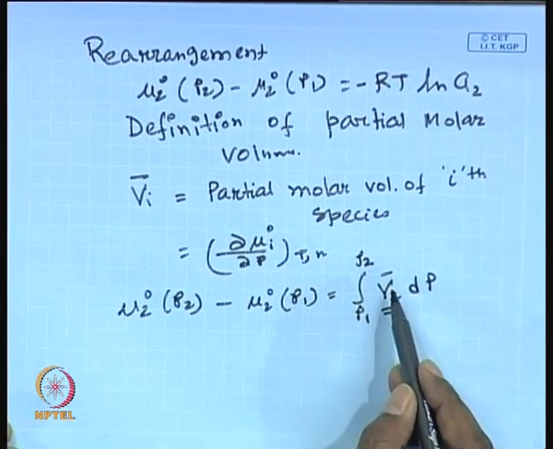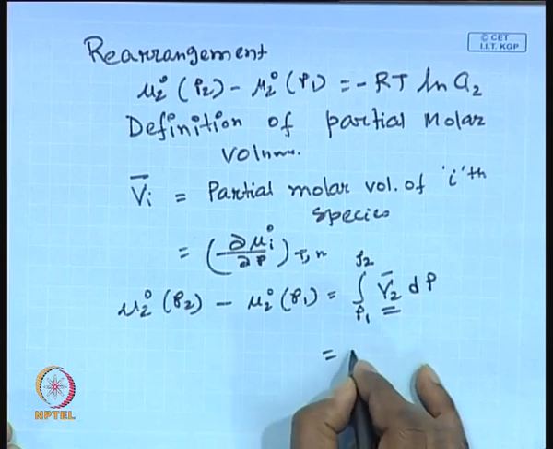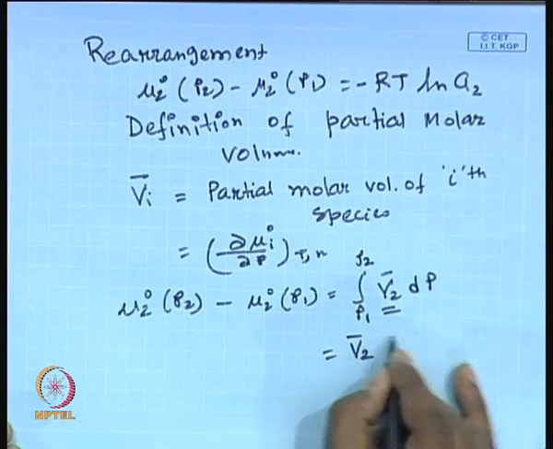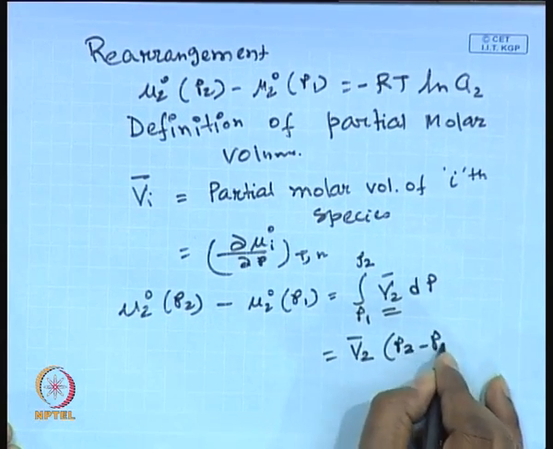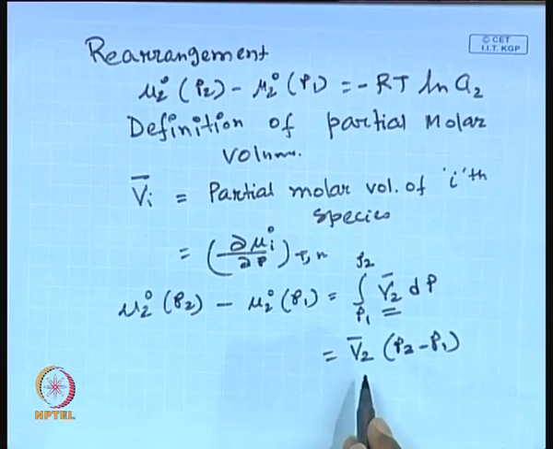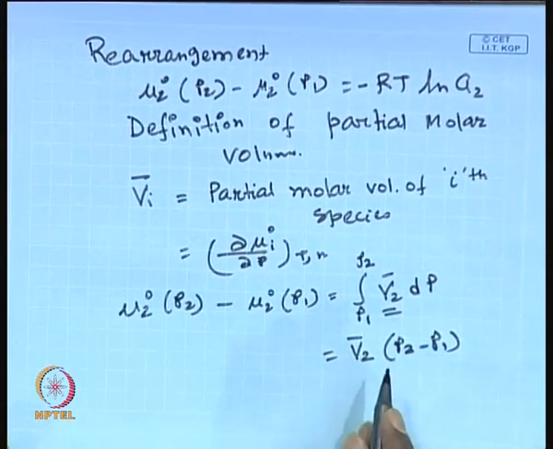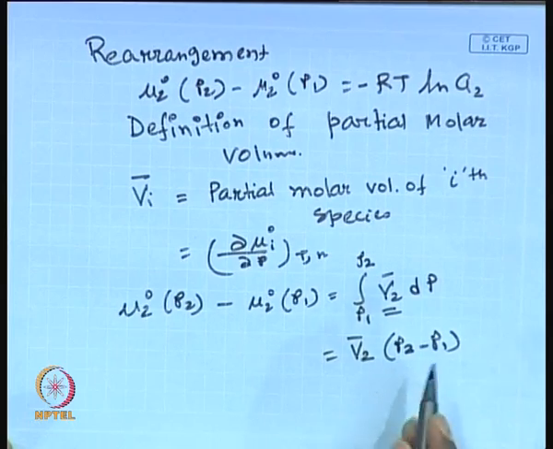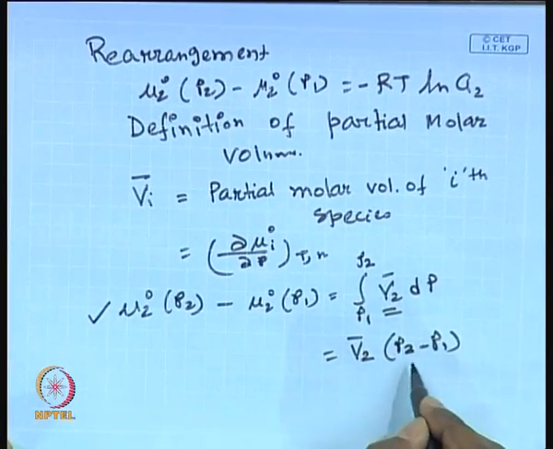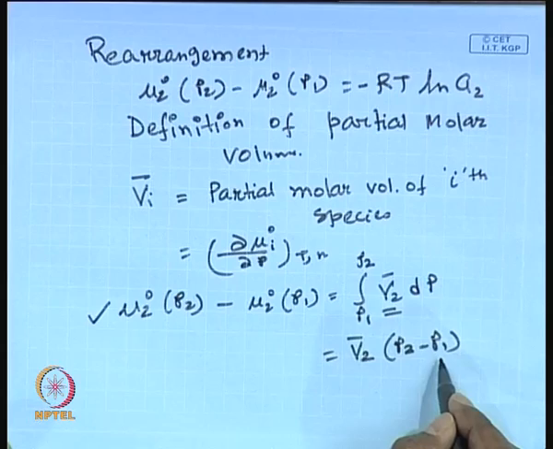That means V2 bar can be treated as constant. So, it will be nothing but V2 bar times P2 minus P1 if it is treated as constant within the small region. Okay. So, now we can combine this equation, and what is P2 minus P1? This is nothing but the osmotic pressure, because you are restoring the osmotic equilibrium.